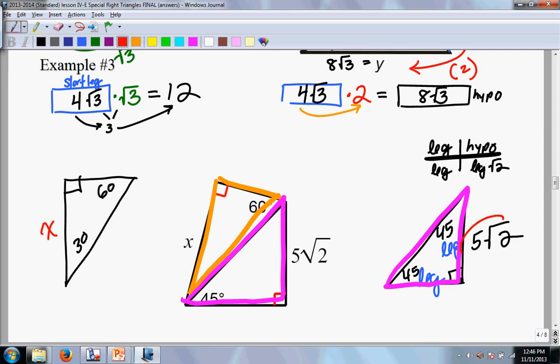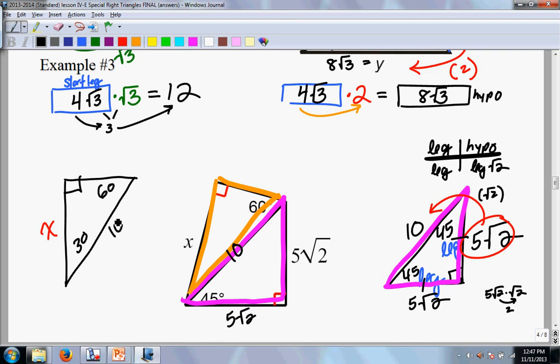So this is a leg, to get from here to here, we're going to simply times by root 2. So we do 5 root 2 times root 2. Root 2 times root 2 is 2. So 5 times 2 is 10. The legs are equal, so this down here is also 5 root 2. And this is 10.